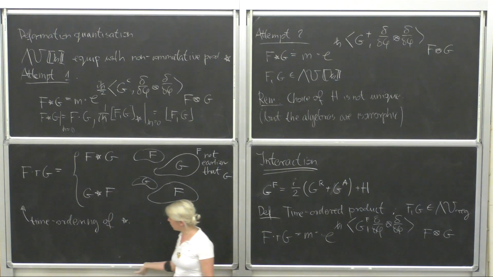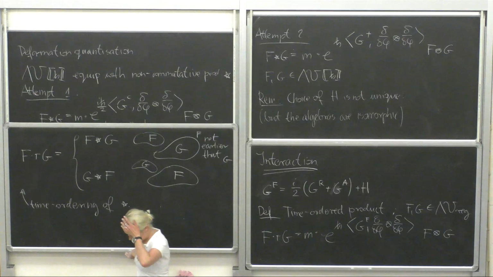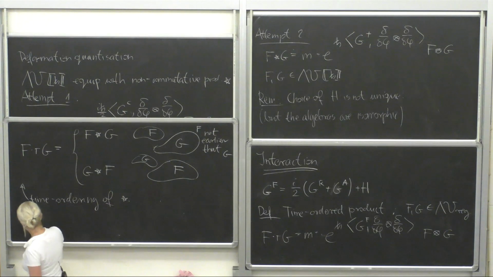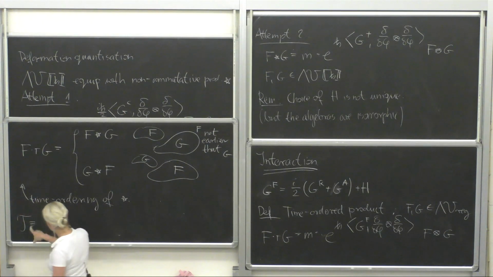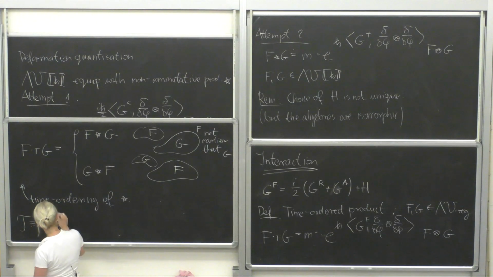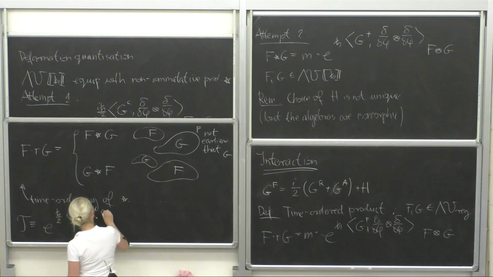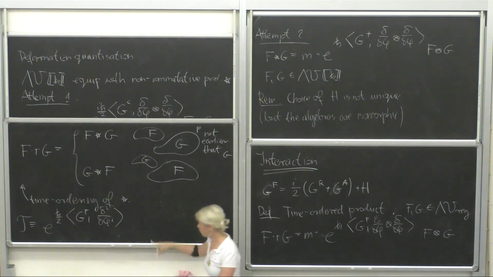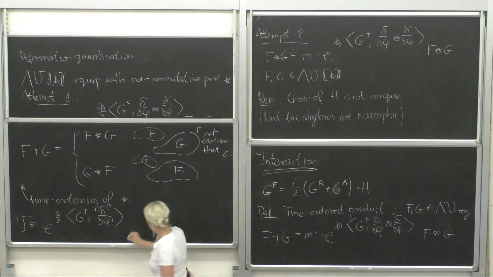The other nice thing was the relation to the pointwise product. So define the following. The time ordering operator is T equals exponential of ħ/2 G_Feynman d squared over dφ squared. Using this, you can write the following.